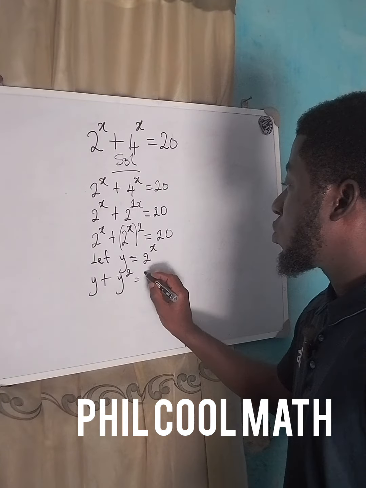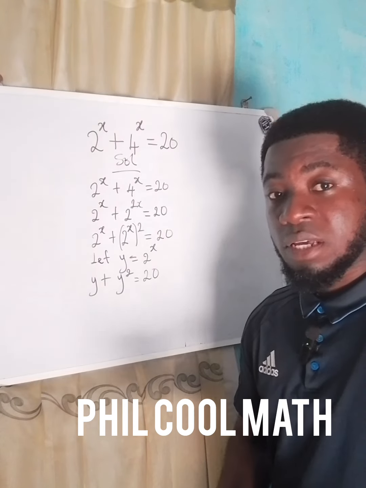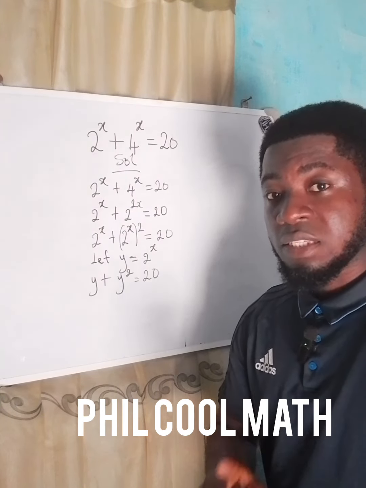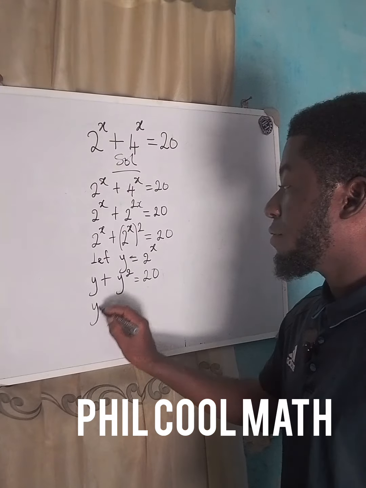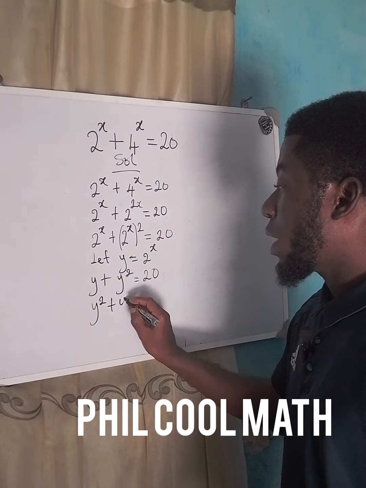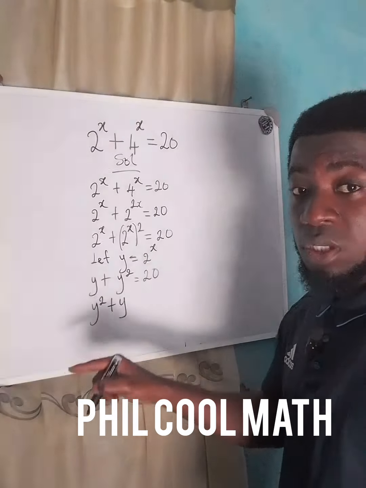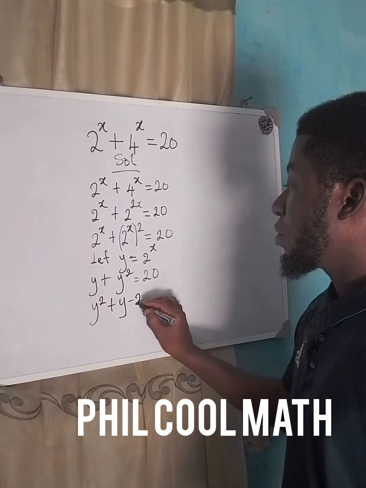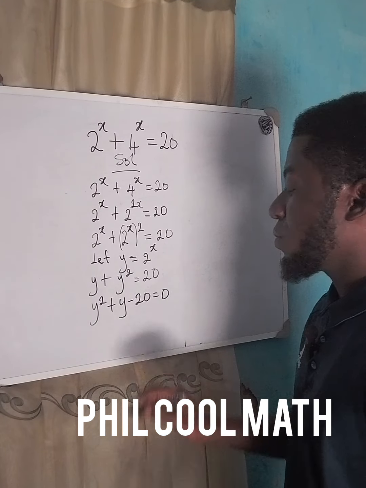This is equal to 20. Then if you are to arrange it in a better way, the one with the highest power should appear first. So y squared should appear first before the y. Then this constant here will go to the left to become minus 20, and everything here is equal to 0.